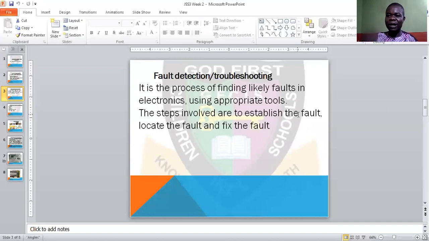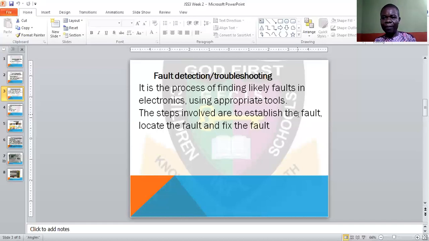I taught you where you have the terminals, where the red cable, the live or the neutral cables are connected to. There are terminals also in that electronic. So the electrician will use the instruments to test the terminals and also the cables and all the parts of the electronic. And then he will be able to say, yes, I found the fault.